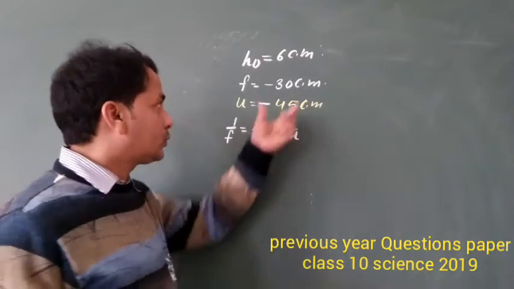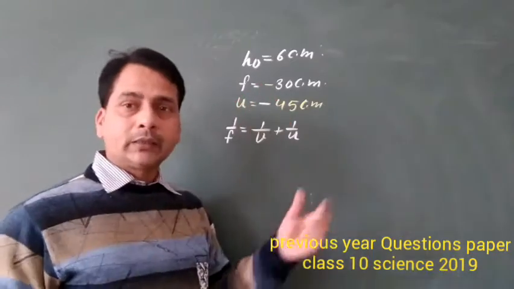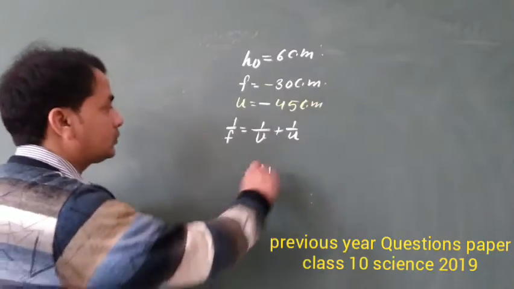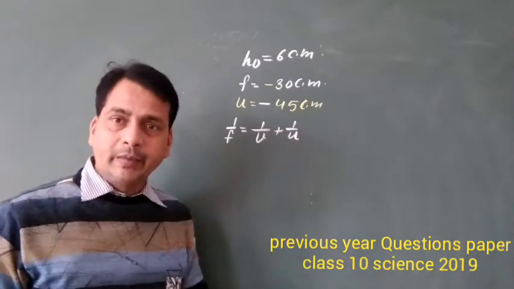So put the values of focal length and object distance here, and then calculate the position of the image.